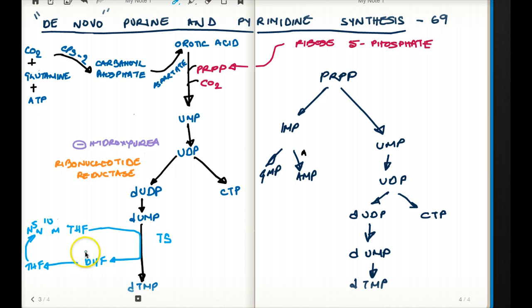Now, the step from dihydrofolate to tetrahydrofolate, we're using the enzyme dihydrofolate reductase. Dihydrofolate reductase. And this step is inhibited by a bunch of drugs. Methotrexate, our anti-cancer drug.